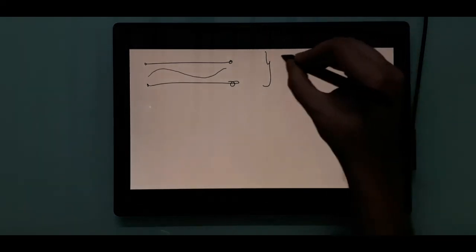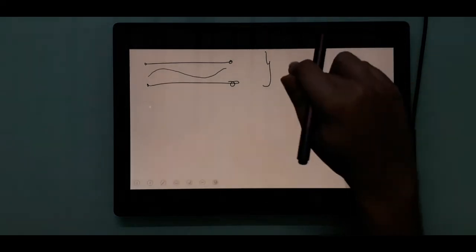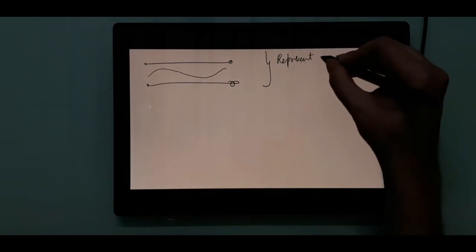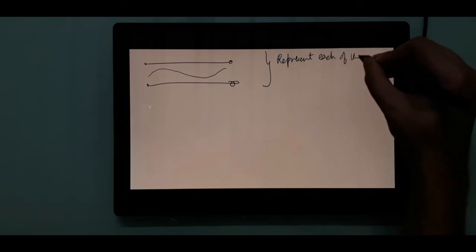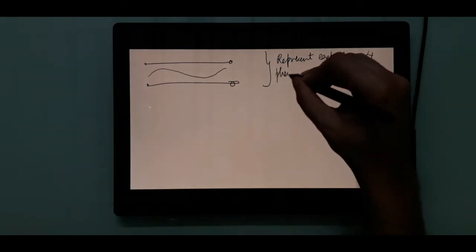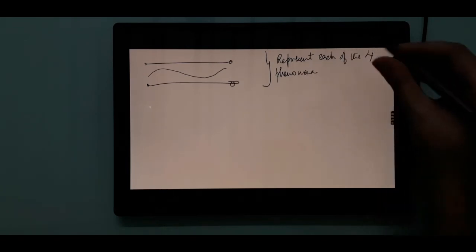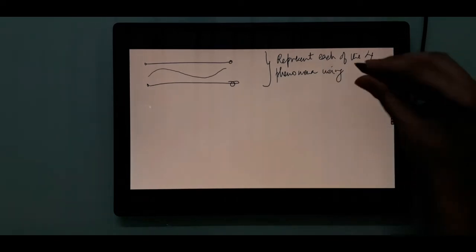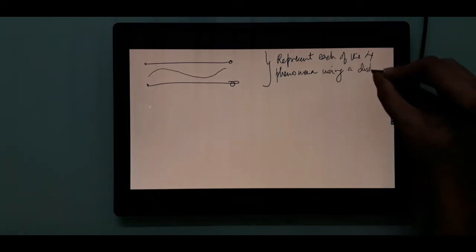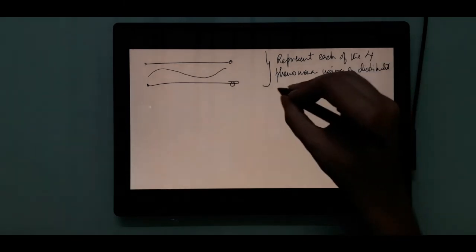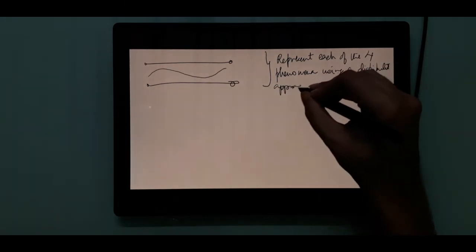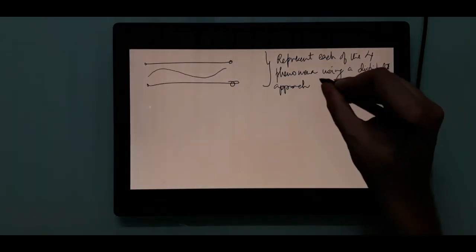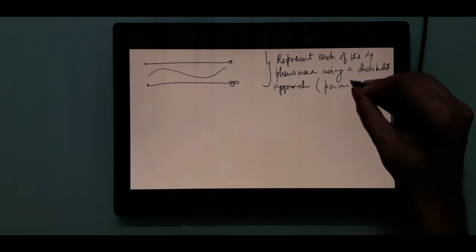So we'll represent each of the four phenomena using a distributed approach. When I say distributed, I mean as a function of length. So therefore we will say per unit length.